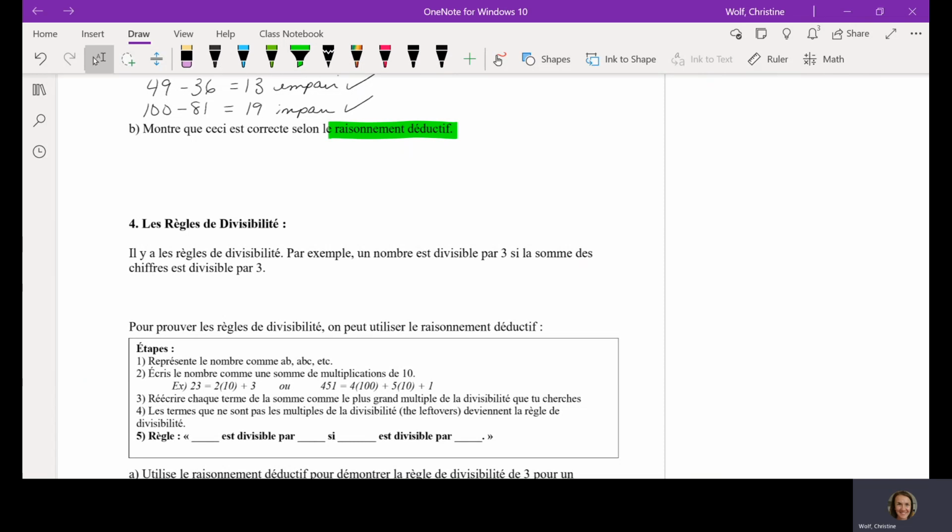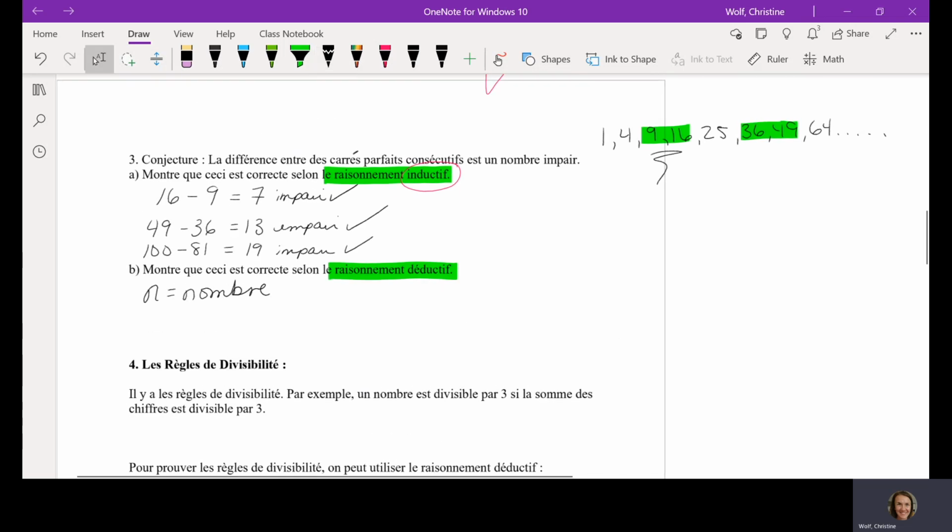OK? So, je sais que n va représenter le premier nombre. All right? And then, je veux que le prochain nombre, c'est celle qui est consécutif, right? So I'm just going to go back up here again.